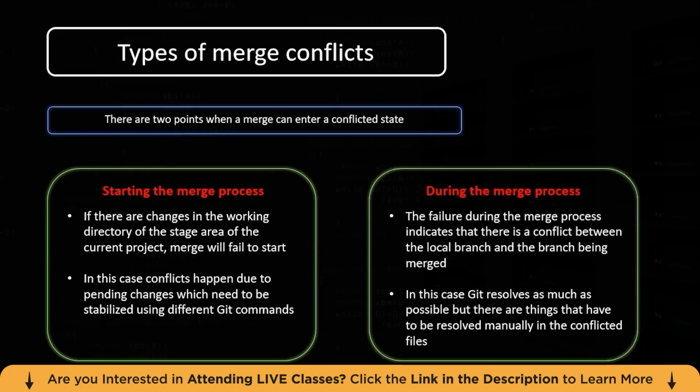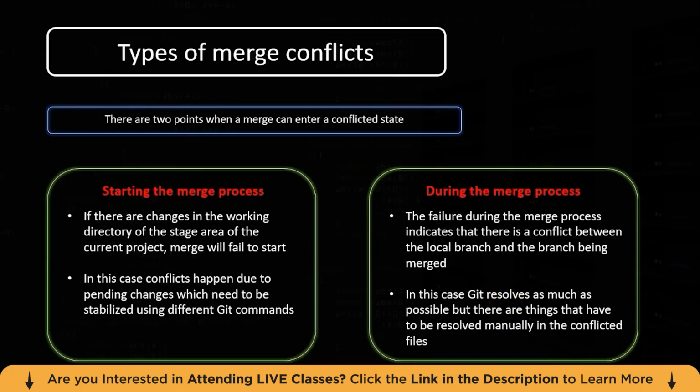Second, during the merge process, if you are getting a conflict, then merge conflicts originate. The failure during the merge process indicates that there is a conflict between your local branch and the branch being merged. You're trying to move the changes from one branch to another, so some conflicts are coming up in the branch in which you are trying to do the merge. In this case, Git resolves as much as possible.